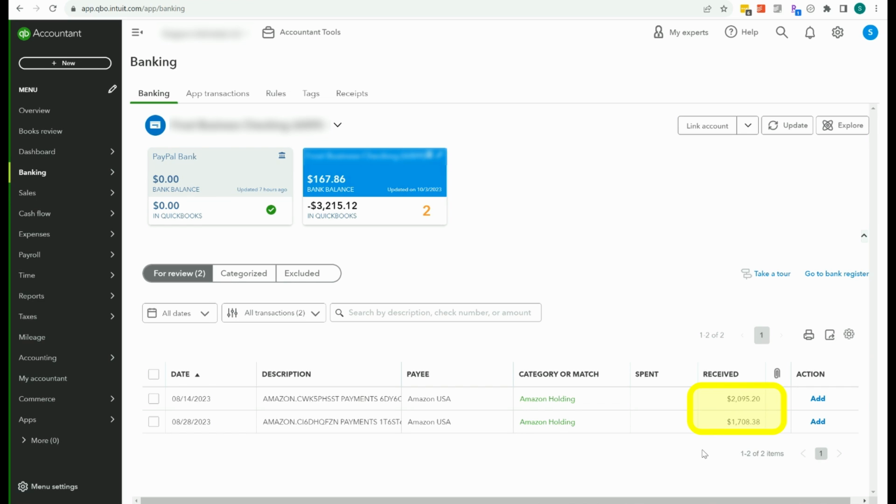The problem with that is these figures are net of a bunch of fees, refunds, etc. If we categorize these straight to Amazon sales, we are not going to tie out to our 1099 at year end. We want to do that because more than likely you're going to get a 1099 from Amazon at the end of this year, and we need to make sure our bookkeeping records agree with that.